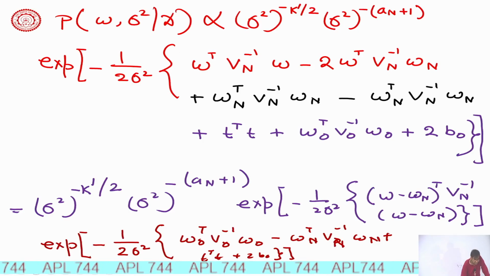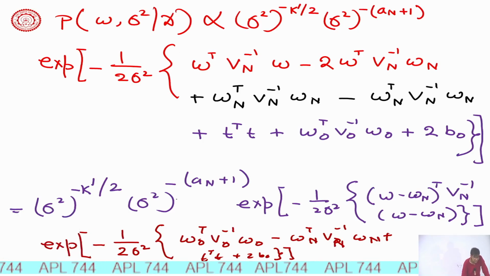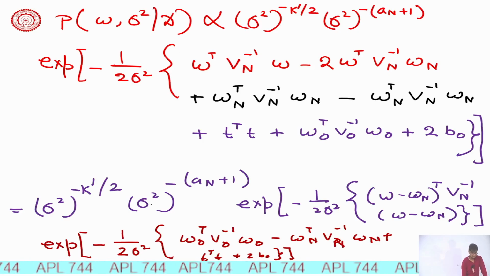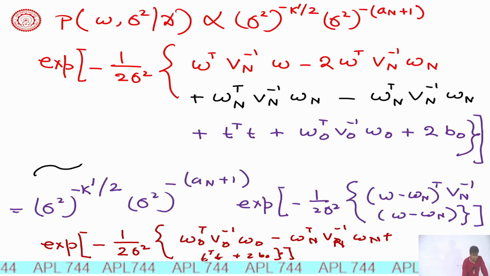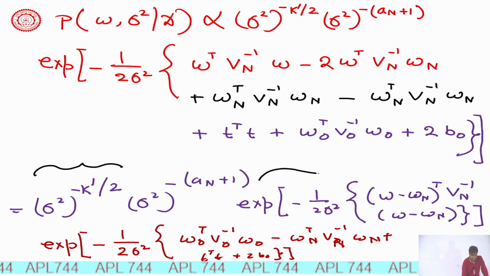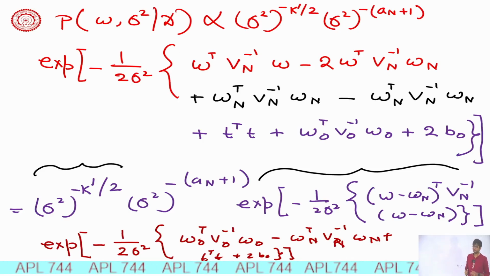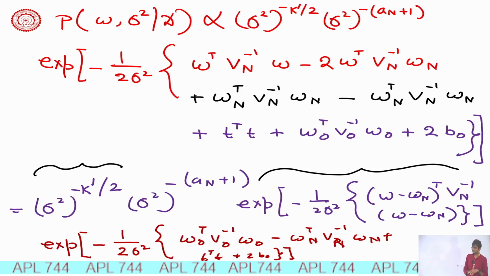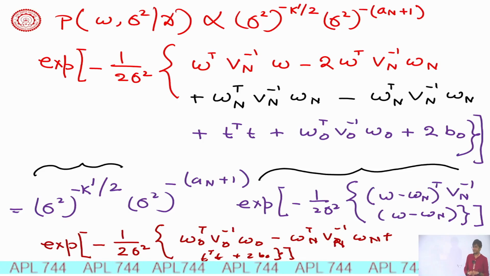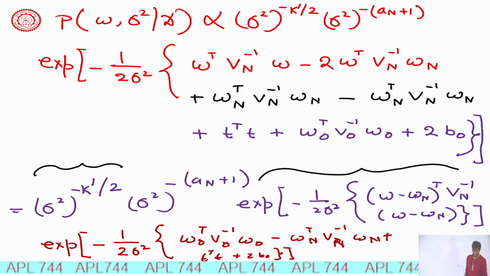So now, last thing, I am going to take this term and this term and write them together. So what does it look like if I combine those? Can I say that it is a Gaussian? It's a Gaussian, right?